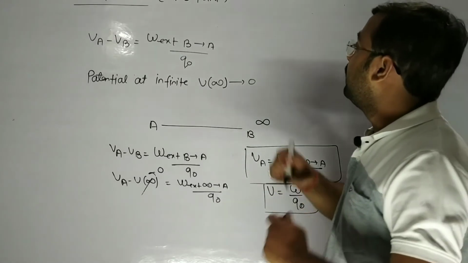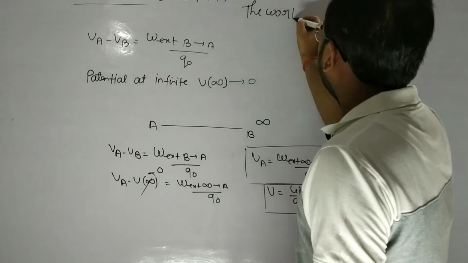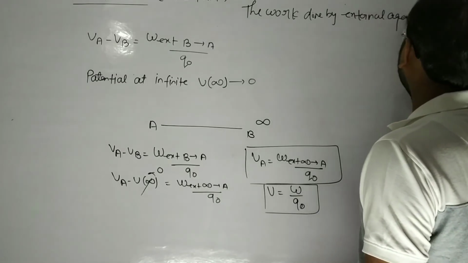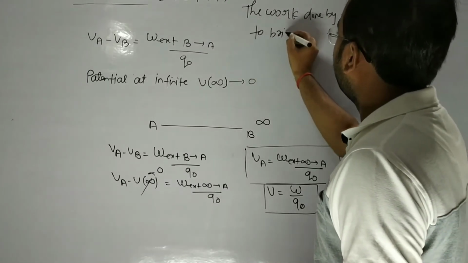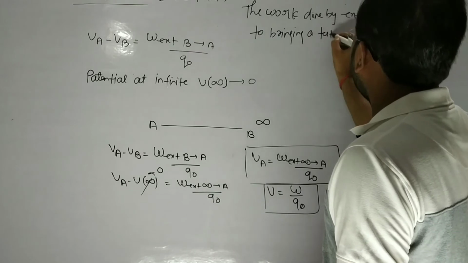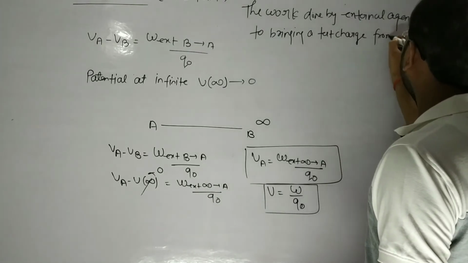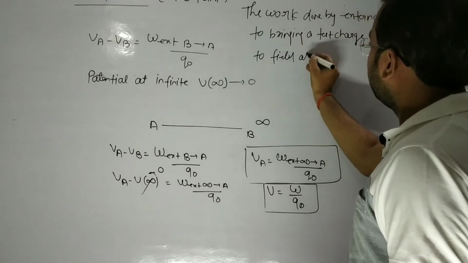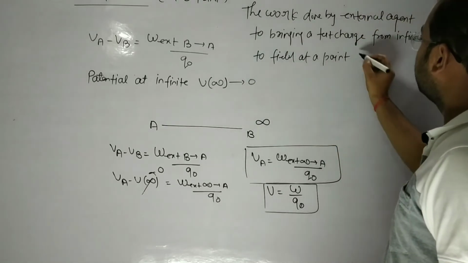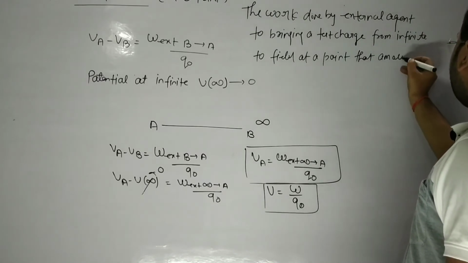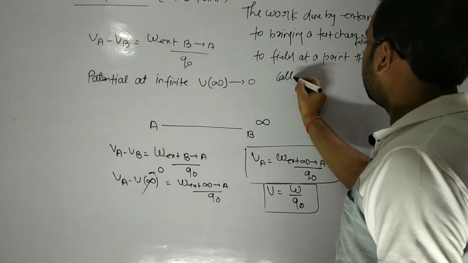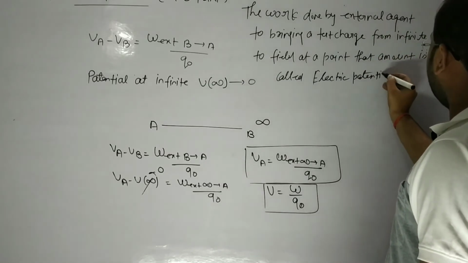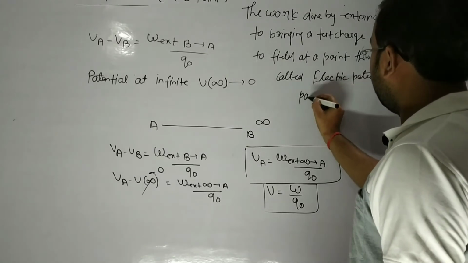The work done by an external agent in bringing a test charge from infinity to a point in the field, that amount is called electric potential at a point.